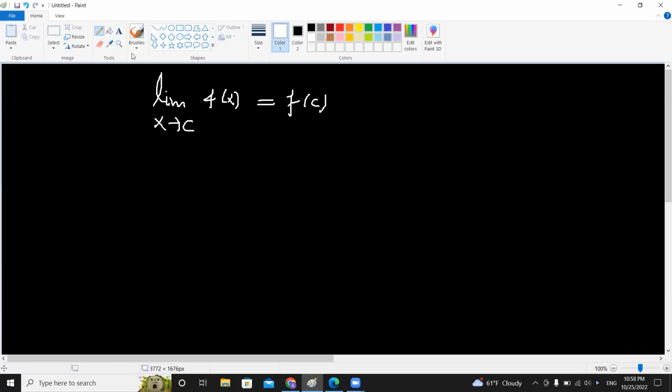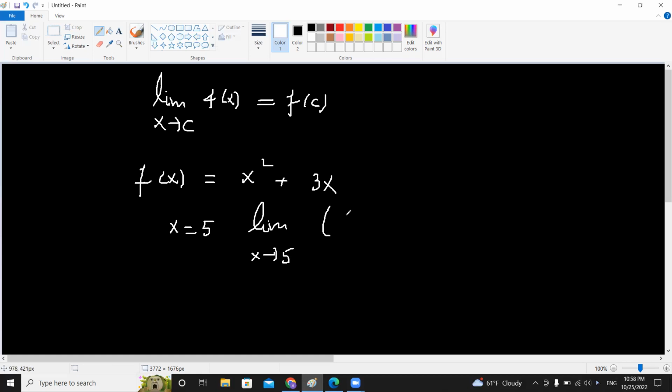Now let's see an example. For example, the function f(x) equals x squared plus 3x. If we take any point from the domain, for example 5, then the limit of this function as x tends to 5 of x squared plus 3x is obviously going to be 25 plus 15, which is 40.